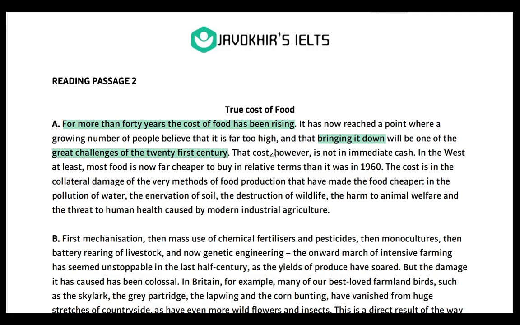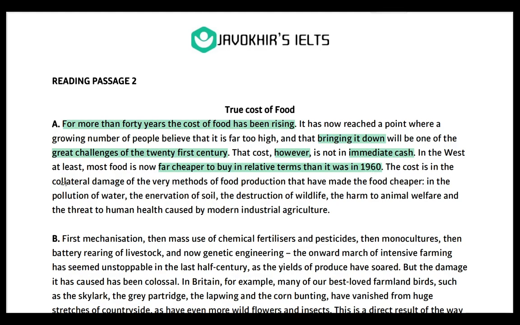That cost, however, this is contradicting, is not an immediate cash cost. In the West, at least, most food is now far cheaper to buy in relative terms than it was in 1960. So "in relative terms" means somehow cheaper than it was then.